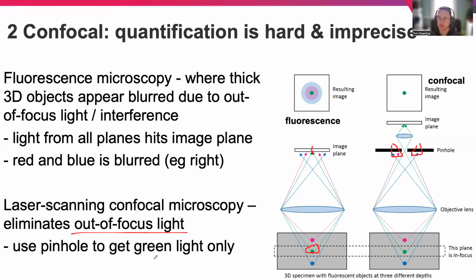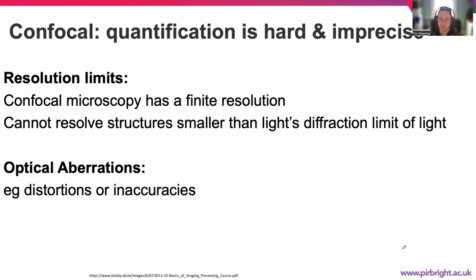However, what we have to consider is that estimating the intensity of fluorescence between different experiments, or even within experiments, is challenging. We also have to bear in mind that the resolution has its limits, a finite resolution, and therefore very small structures that are smaller than the Abbe diffraction limit are difficult to resolve.